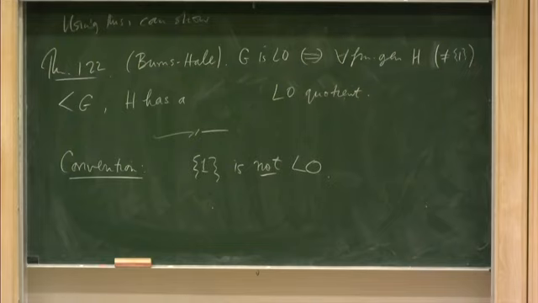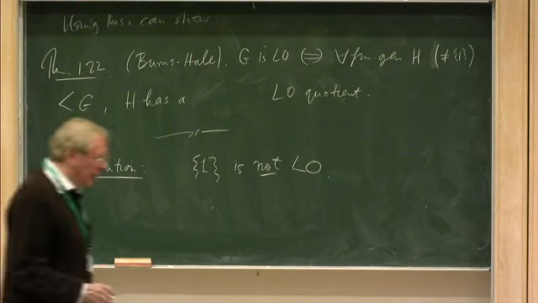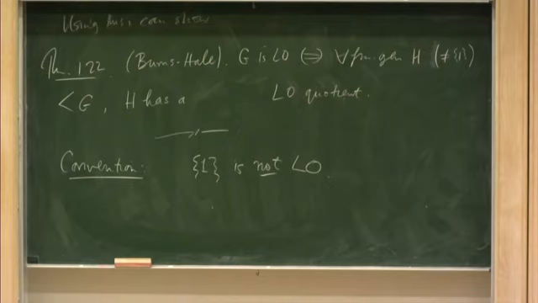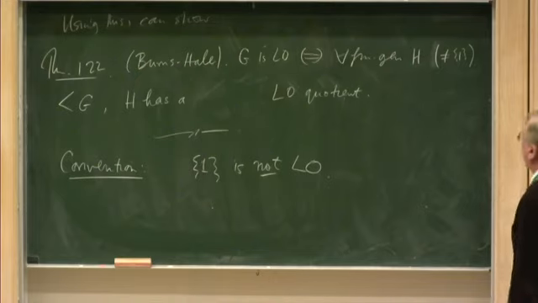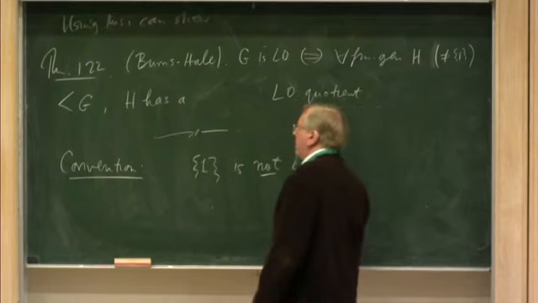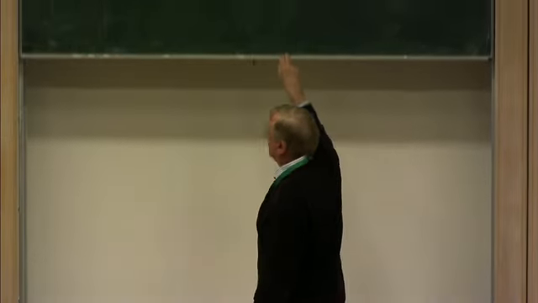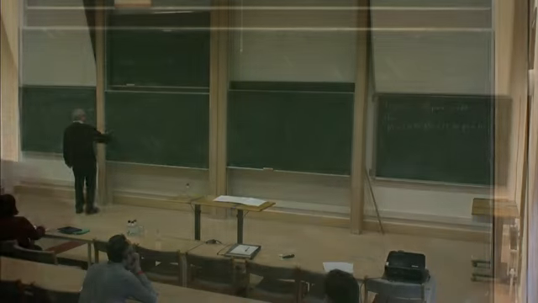Okay, so let me draw a couple of corollaries of this Burns-Hale theorem, and then I'll start talking about three manifolds and how we can perhaps try to prove that they have or have not left orderable fundamental groups. So there's another group theoretic definition, indicability.